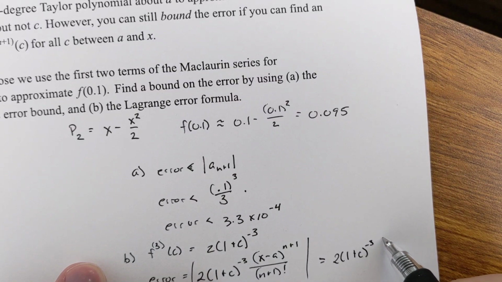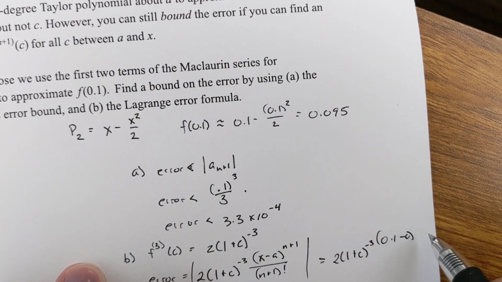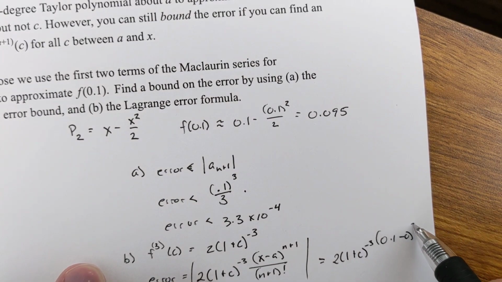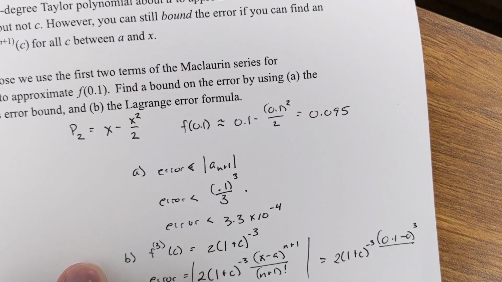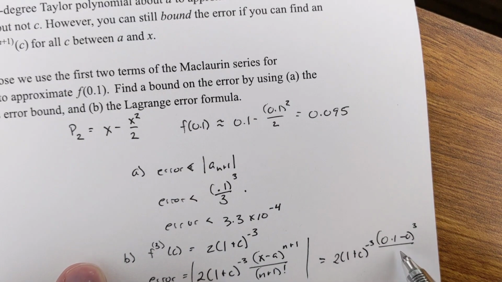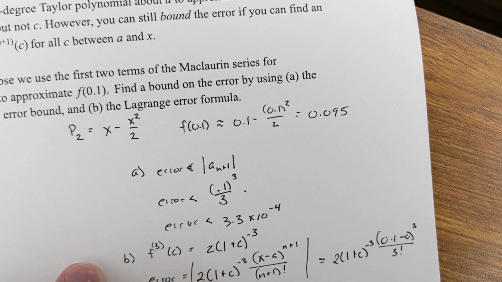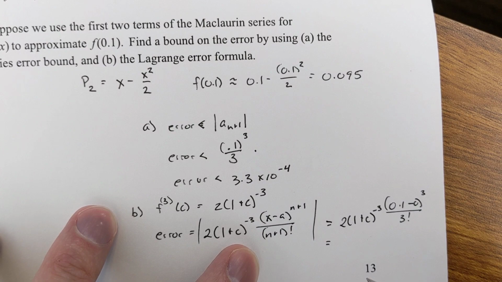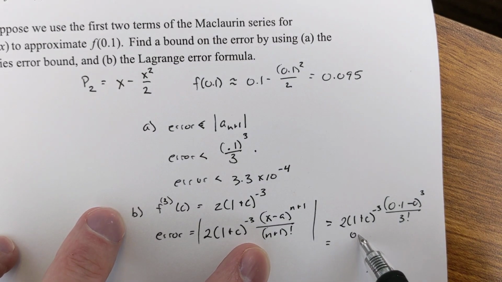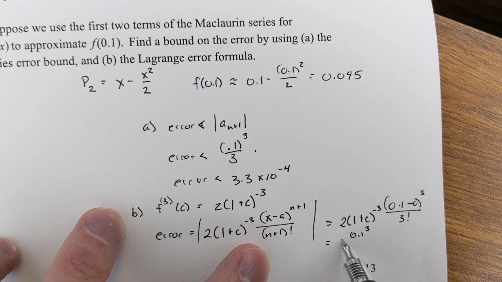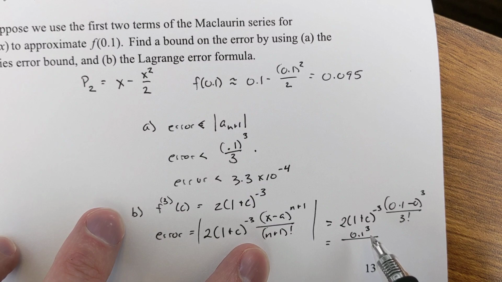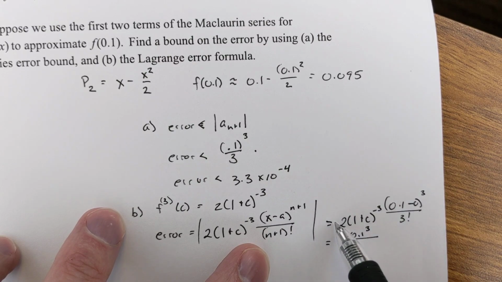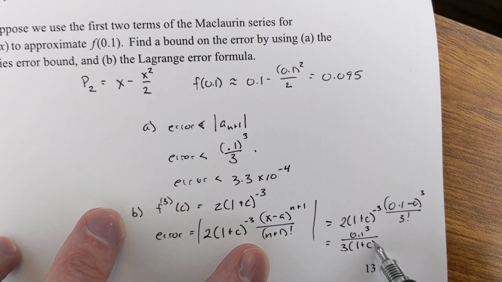This is going to be 0.1 minus 0 to the third, because we went 2 terms, so our n is 2, and on the bottom we'll have 3 factorial. So this comes out to 0.1 cubed over, no, just 3, sorry, because 3 times 2 times 1, the 2 and the 1 will cancel, and then 1 plus c to the negative 3.